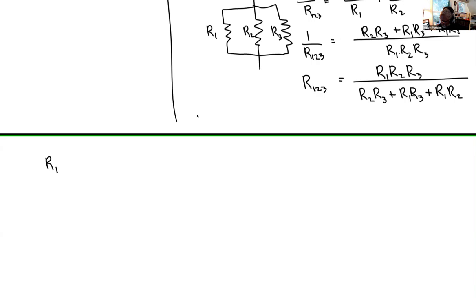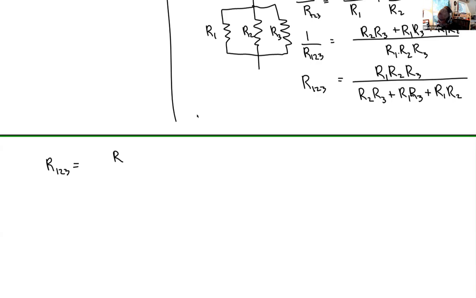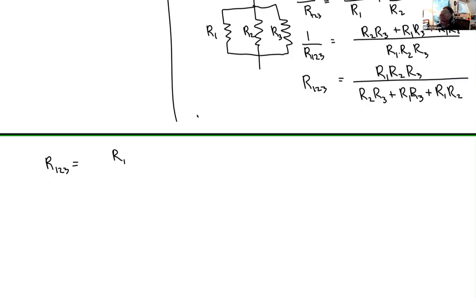So R123, and I'll just rewrite this. Well, I'll just continue. R123 is the product of the 3 resistors divided by the sum of the products of the 3 pairs of resistors. And I'm just going to reduce it down to a single variable for practice.